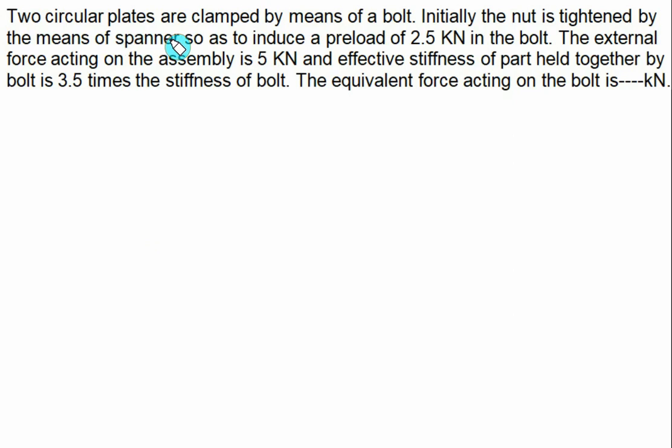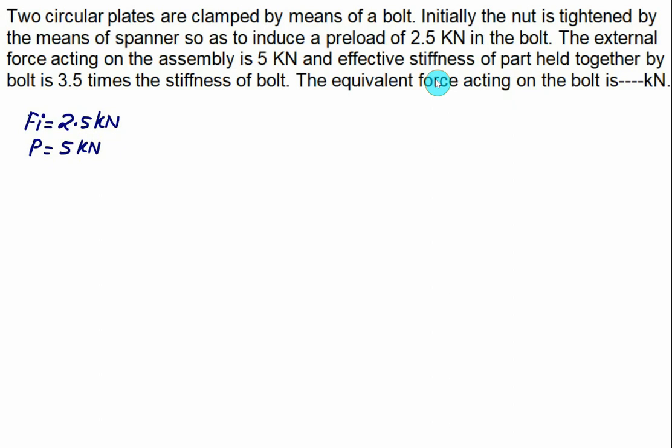Two circular plates are clamped by means of a bolt. Initially, the nut is tightened by means of a spanner so as to induce a preload of 2.5 kilonewton. We have given the preload Fi is equal to 2.5 kilonewton. The external force acting on the assembly is 5 kilonewton. Value of P is given, that is equal to 5 kilonewton.